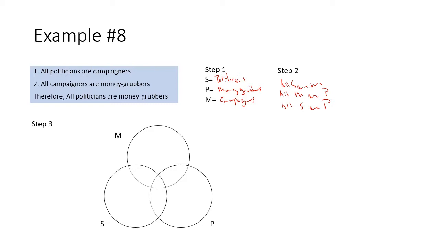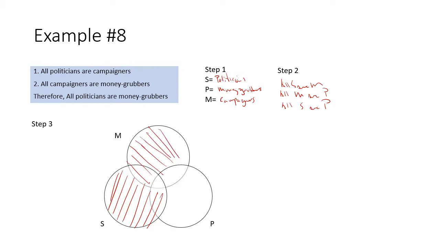So we have all S are M. So push all the S's into the M's, so this area would be empty. And then push all the M's into the P's, that would make this area empty. And then you're done. So we got these two areas shaded in.